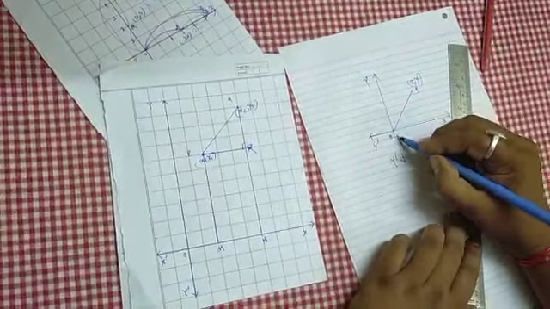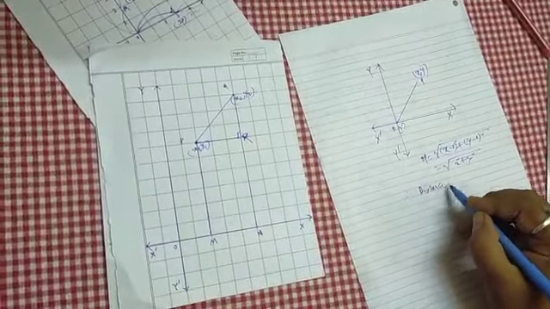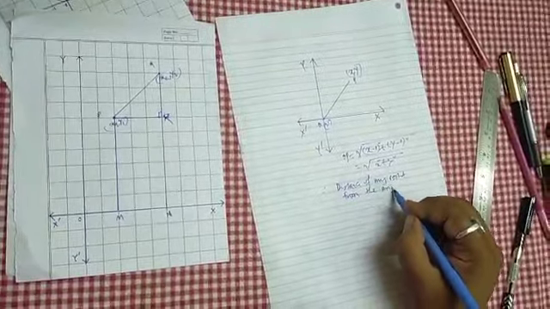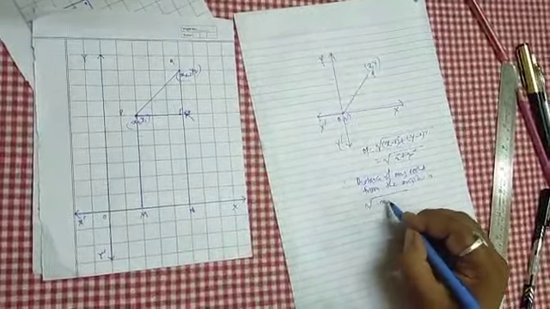So as per the distance formula, OP is equal to root over x minus 0 whole square plus y minus 0 whole square, which is root over x square plus y square. So the distance of any point from the origin is root over x square plus y square units.